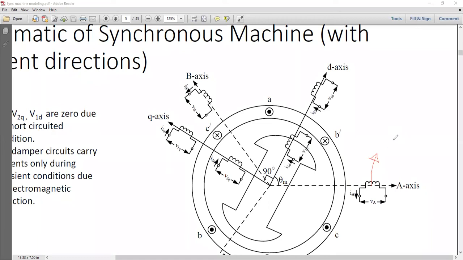So this is the resistance of the coil and this is the inductance of the coil. Resistance, of course, is not shown here just to save some space, but if you want a generalized representation, you should include this R. Let's say this is RA, resistance of coil A, and this is LA.